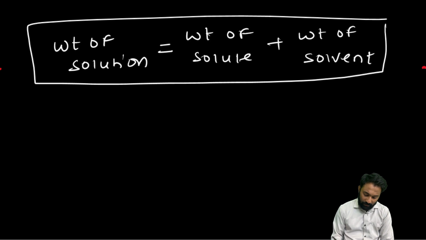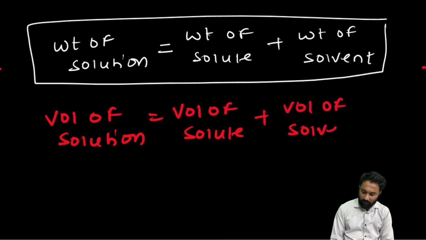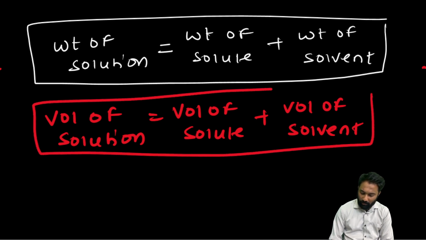But volume of the solution, if you write volume of the solution is equal to volume of solute plus volume of solvent, we cannot write. This is not at all applicable.